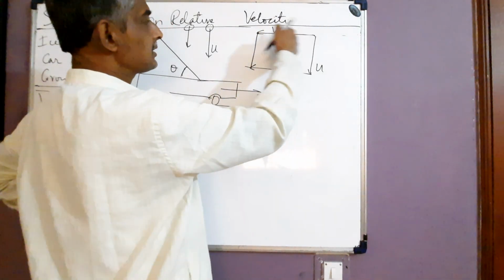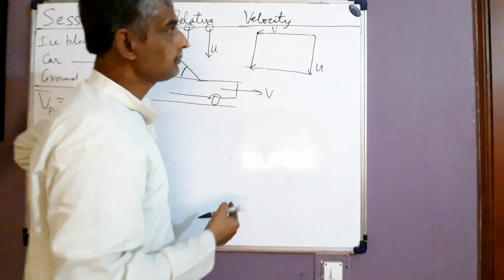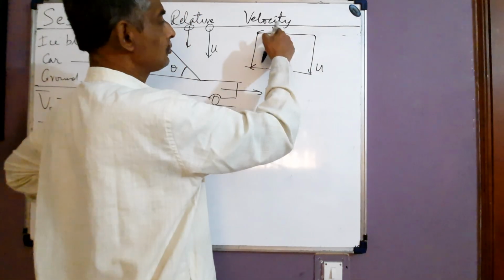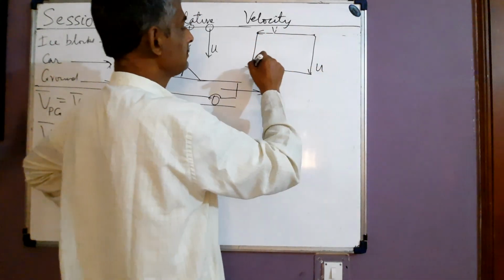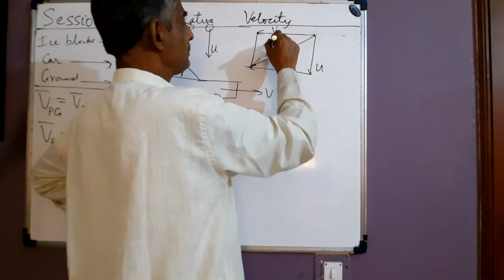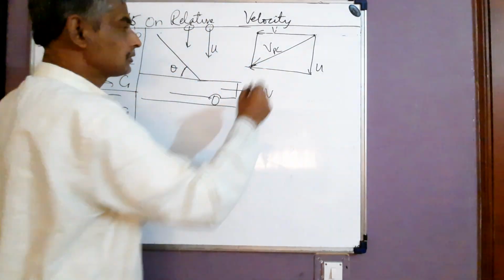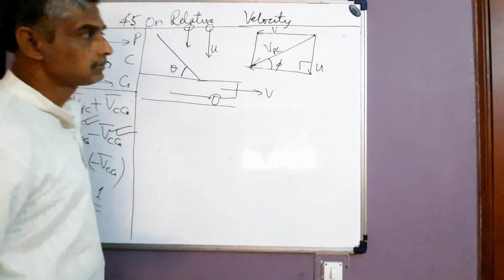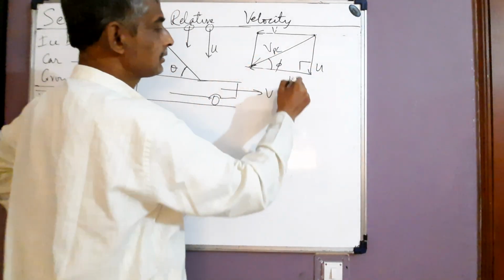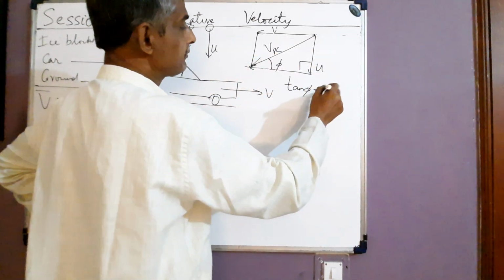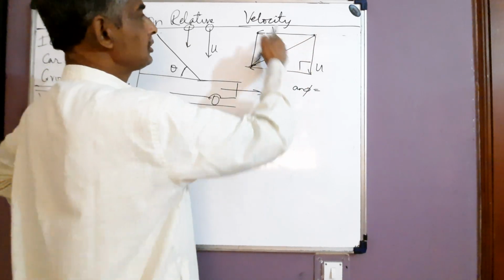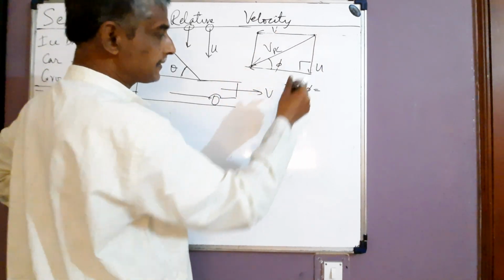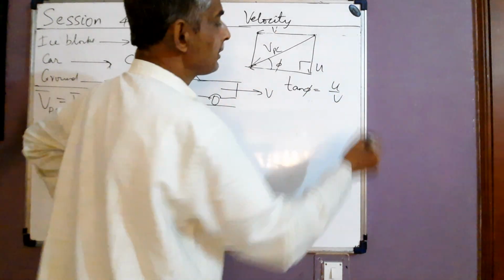So with these two as adjacent sides, we complete the parallelogram, which is a rectangle. Now the diagonal through the common tail of these two vectors is VPC. Now let us assume this angle to be phi. This is a right angle. So tan phi becomes this by this: this is u, this is v. In the right angle triangle, tan phi is equal to u by v.